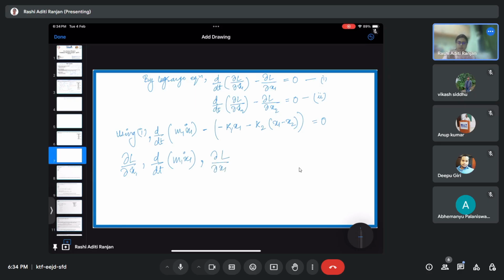In all these differentiations, I considered that my stiffness as well as my mass are constant values, right? I have not considered them to be dependent on my displacement, velocity, or time. That is why it is coming out of the differentiation. It is not getting differentiated, right?